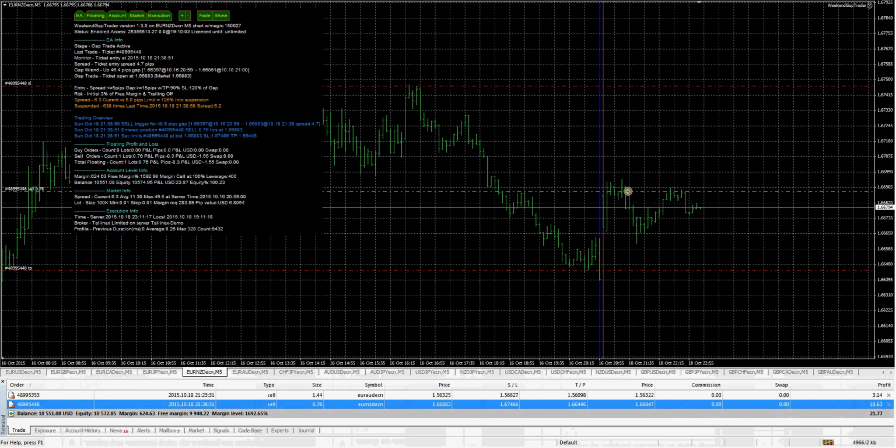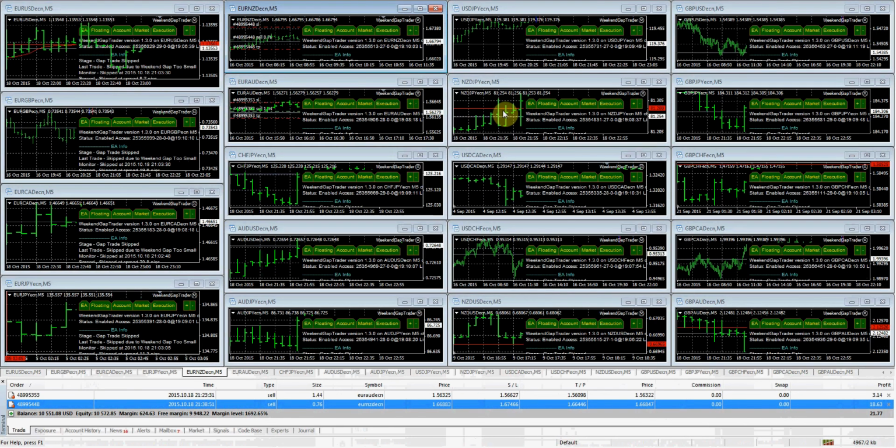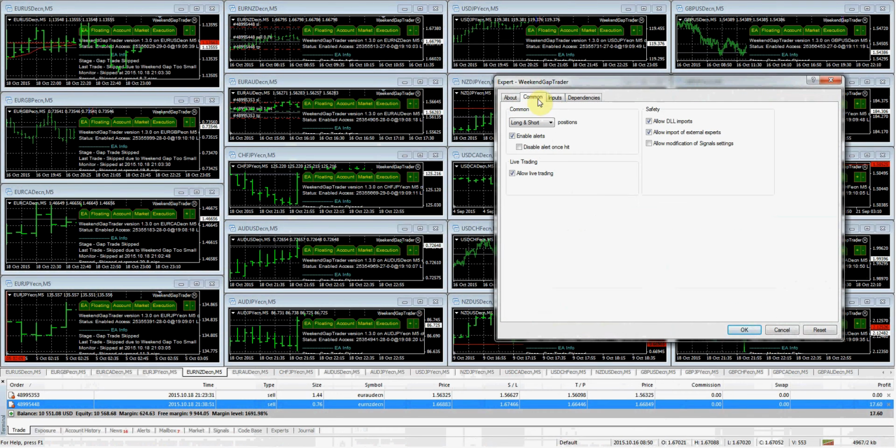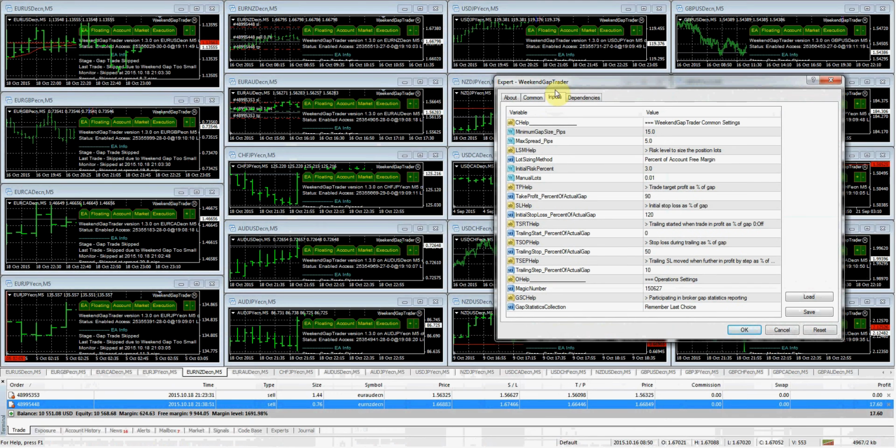All right, now I can show you guys what my settings specifically are here. These are the same settings that I've been using since I started this test. So 15 is my minimum gap. Take profit is 90%, and my stop is 120%.